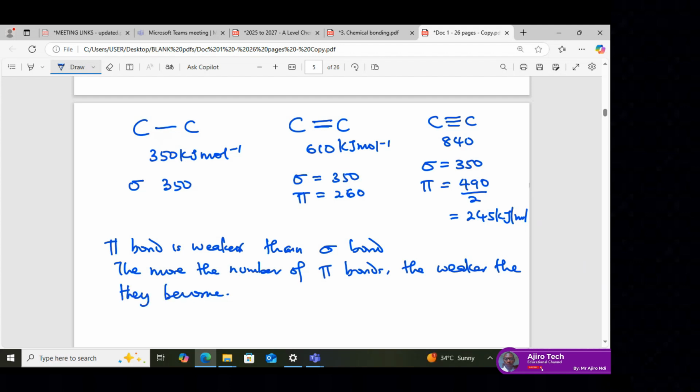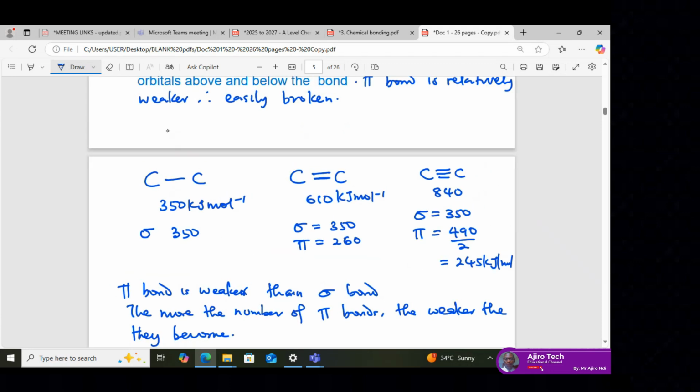When I come to organic chemistry, I'm going to tell you that alkenes are more reactive than alkanes. This one is alkane, this one is alkene, this one is alkyne. Question 1: why is alkene more reactive than alkane? Alkene has a pi bond, which is relatively weaker, therefore it can easily break.